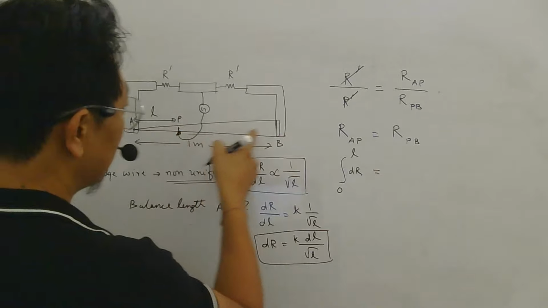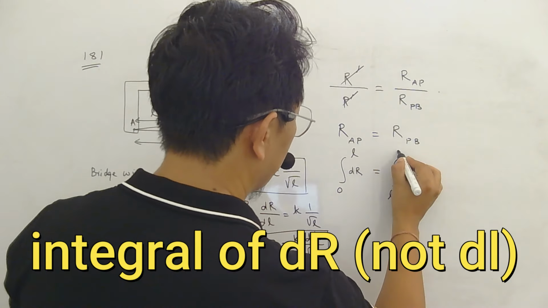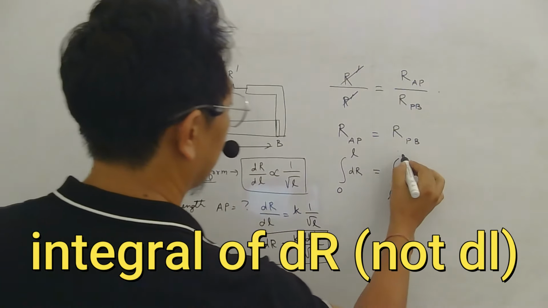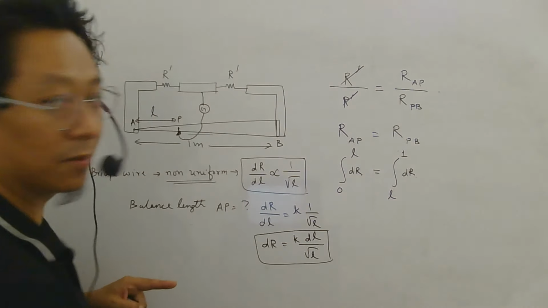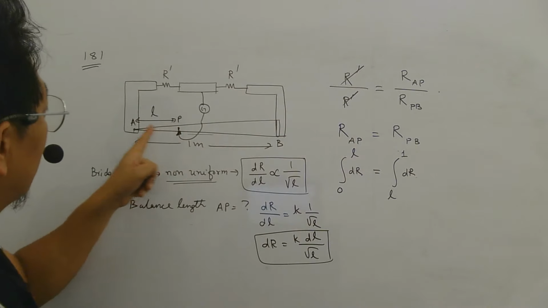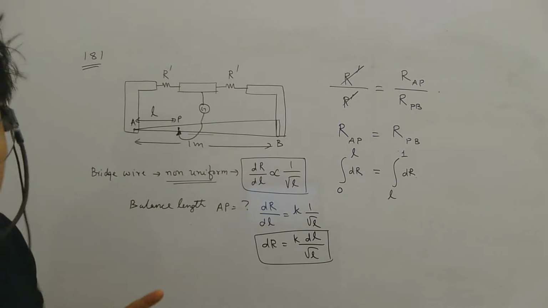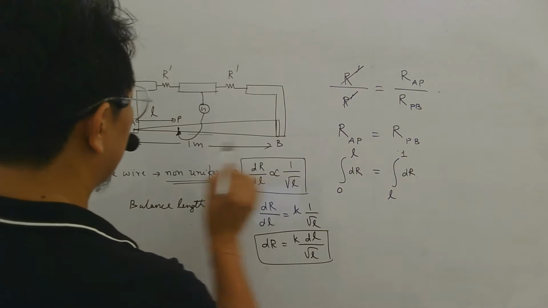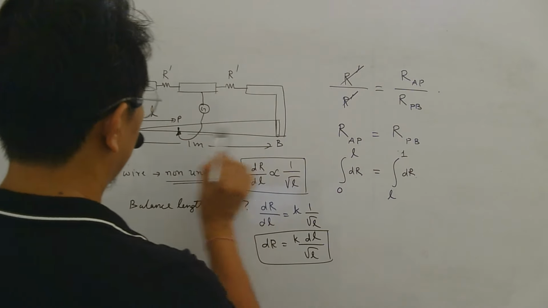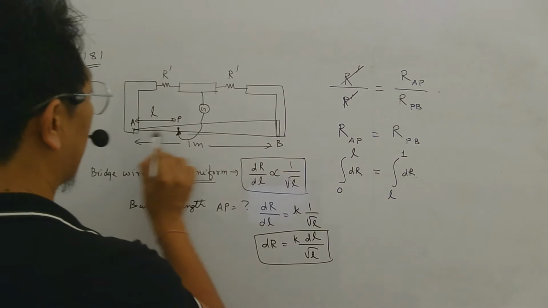The remaining resistance will be the integral of dl from L up to this point, which will be 1, because this length is 1 meter. When you are here, the distance from the left end is L. When you reach here, the distance is 1. So this resistance is from L to 1.